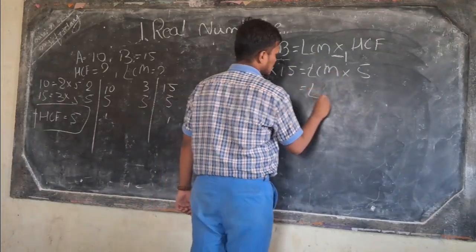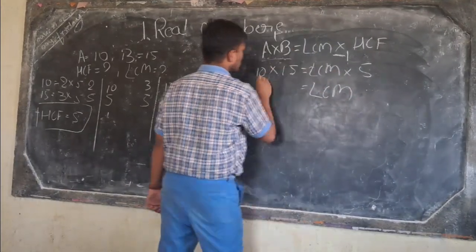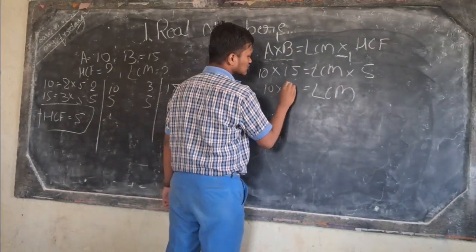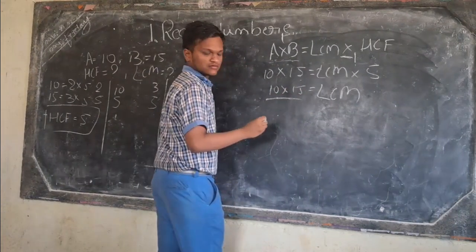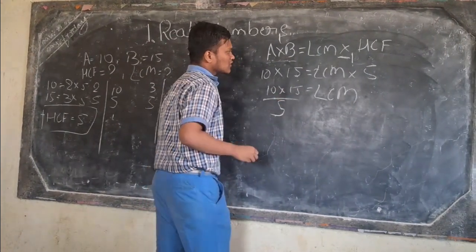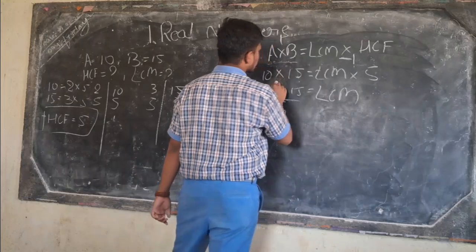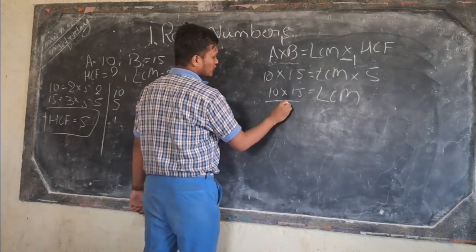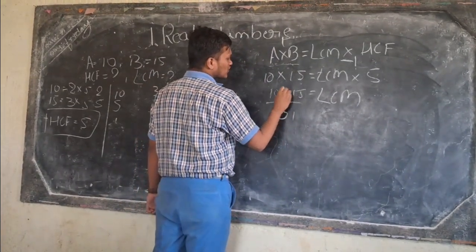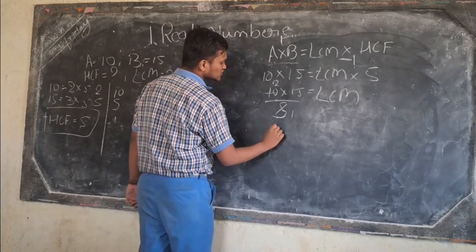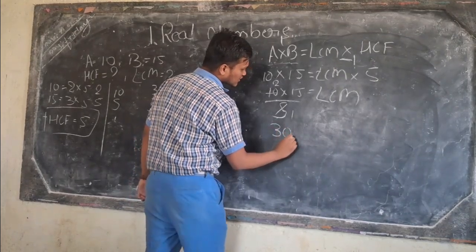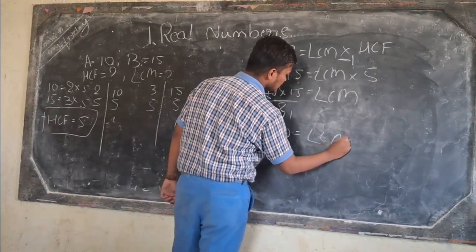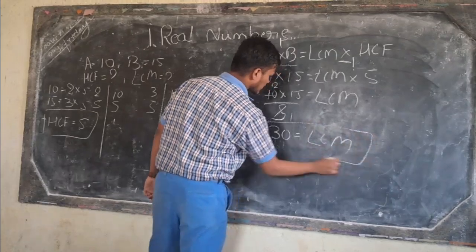So LCM is equal to 10 into 15 divided by 5. Here 5 divides 10 into 15. 5 ones are 5, 5 threes are 15, 5 sixes are 30. The value of LCM is 30.